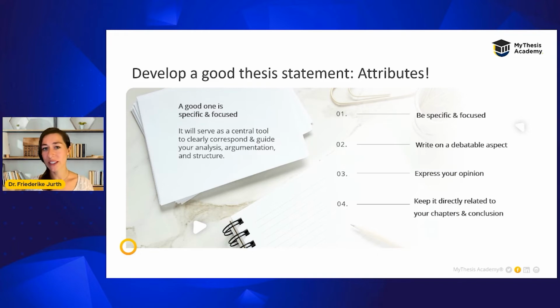If you create a thesis statement, it's helpful if you write it on a debatable aspect in content and express your individual opinion, because then you can defend this opinion. Then what is important is that you keep it directly related to the chapters, but also to the conclusion.